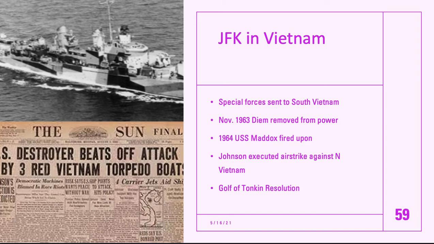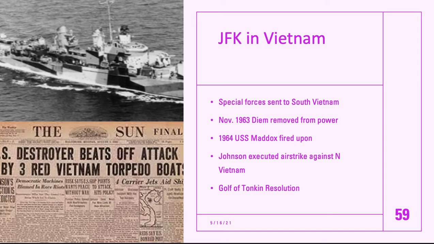Essentially, this gave Johnson tremendous war powers and allowed him to commit U.S. troops to southern Vietnam and fight a war against northern Vietnam and any southern Vietnam people who were against the government the United States was propping up, without going back to Congress to ask for a declaration of war.